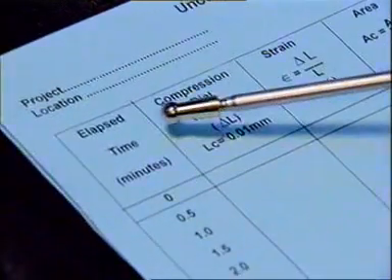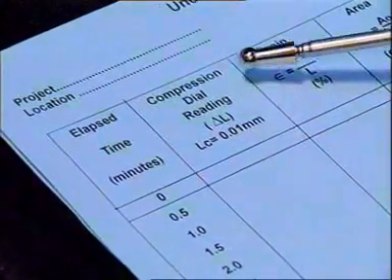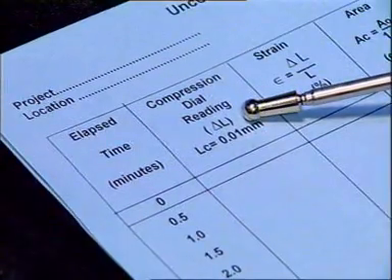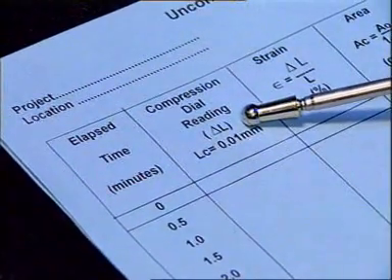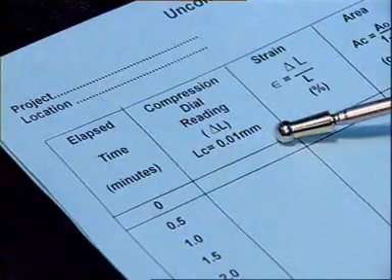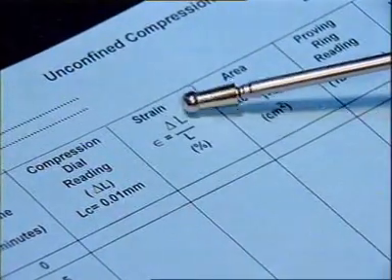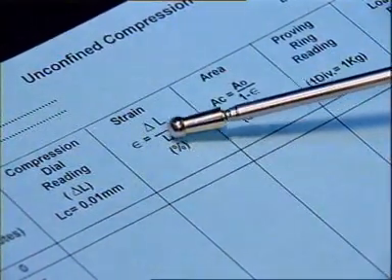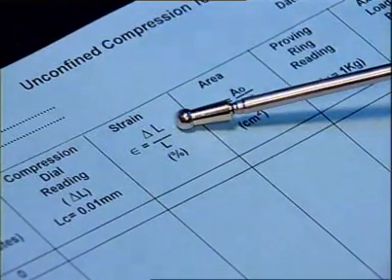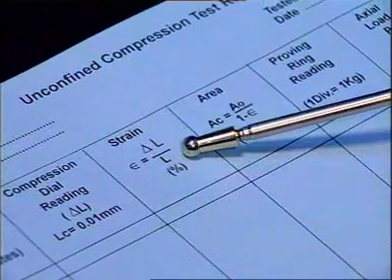In the first column it is elapsed time. In second column it is compression dial reading del L, where least count of this dial gauge is 0.01 mm. In third column it is strain epsilon, that is equal to del L over L, where del L is the change in length and L is the length of the soil sample.